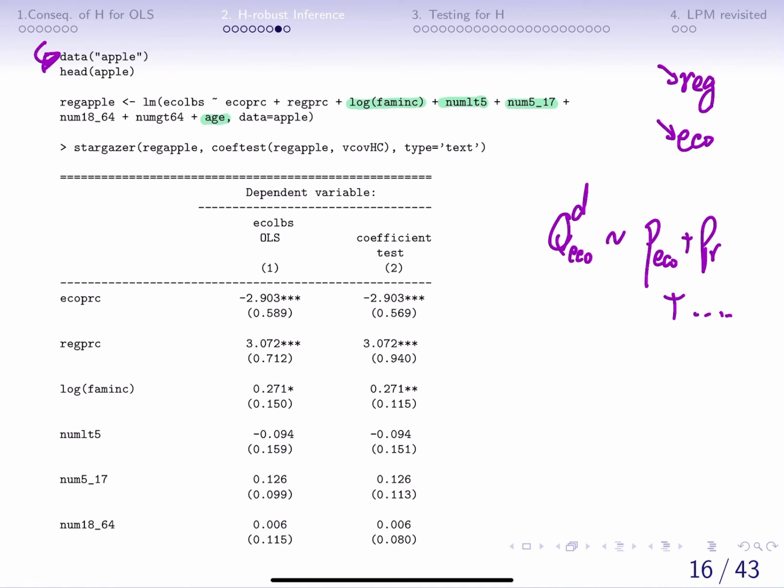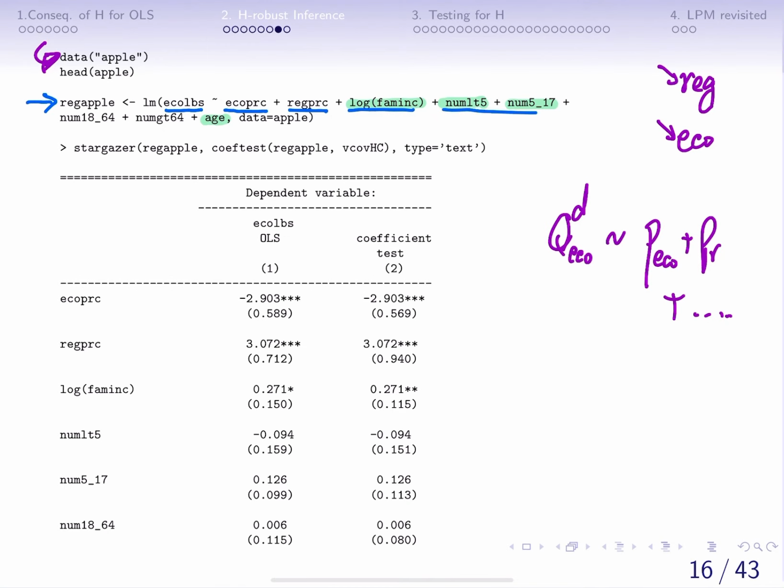So this is exactly what the regression is doing here. We can call this regression reg apple, and we take the quantity demanded in pounds for the eco-labeled apple and regress it on its price and on the price of the substitute, which is the regularly priced apples, and then the log of family income and all these other variables.